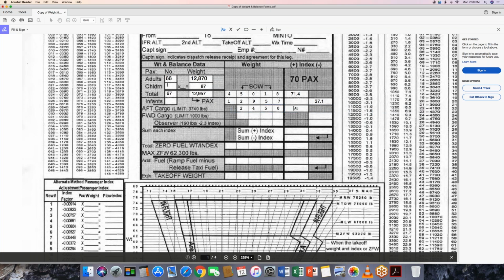Okay. And what was that index? 16.3. Oh, not negative. My bad. Sorry, autopilot kicked on there.